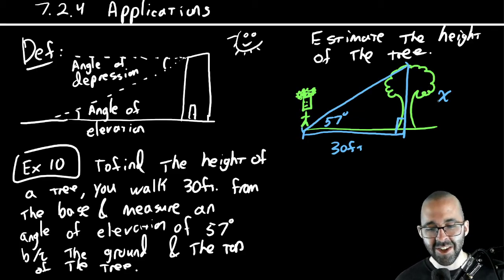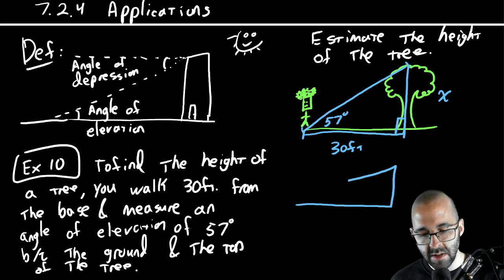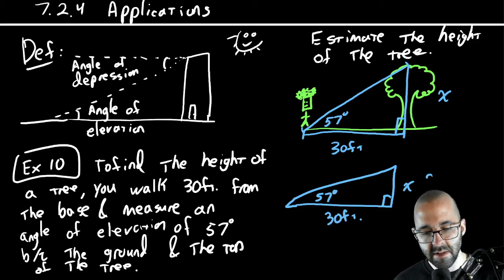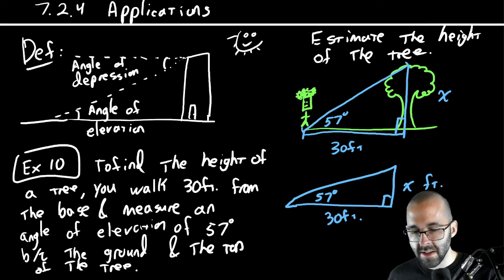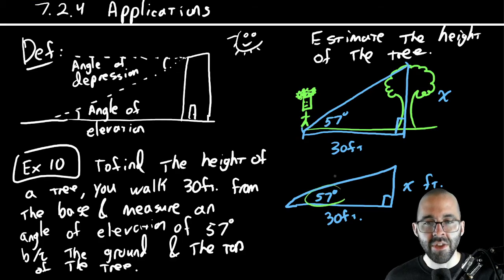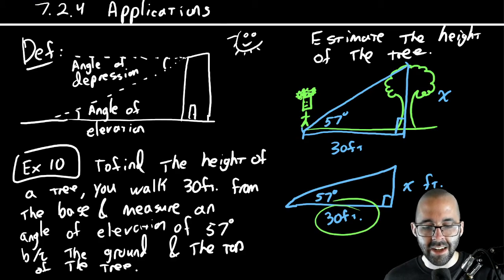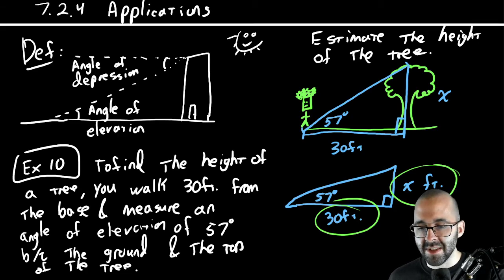All right. So what do we have? Let's boil this triangle down. All we have is a triangle right here with 57 degrees, 30 feet, and X feet. So we just got to solve using trig. So how can we relate this angle with its adjacent side and its opposite side?